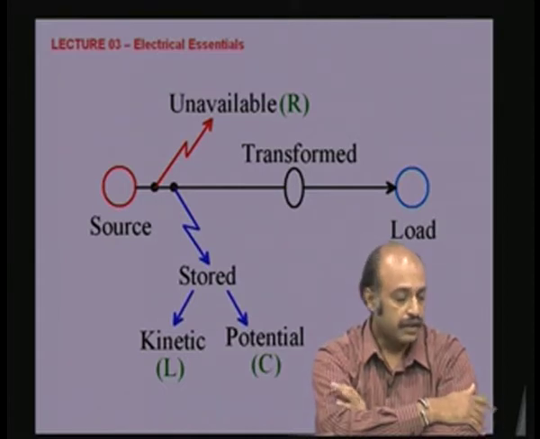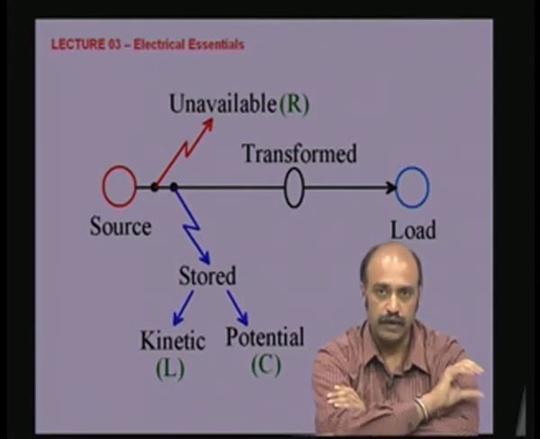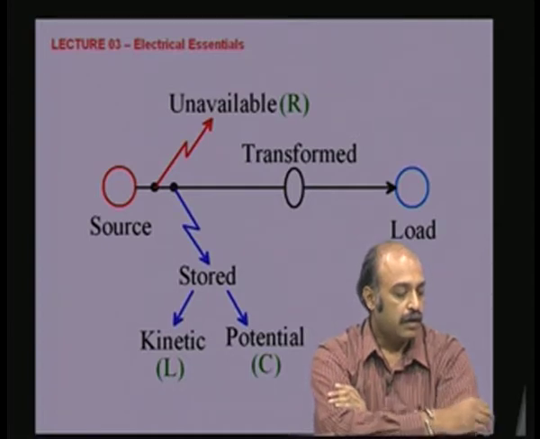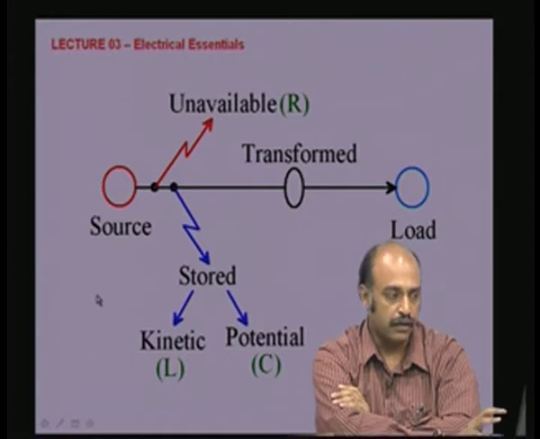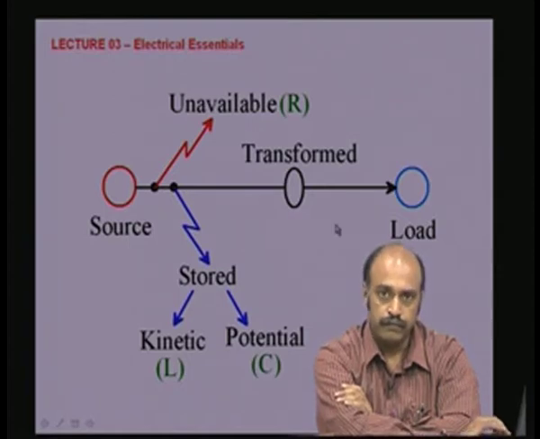The lecture 3 will deal on the core topic of electrical essential. It of course gives you an insight of what is the source and the load, and how does the energy flow from the source to the load.